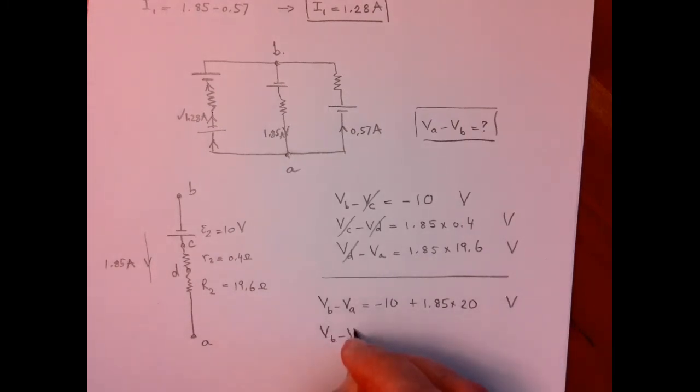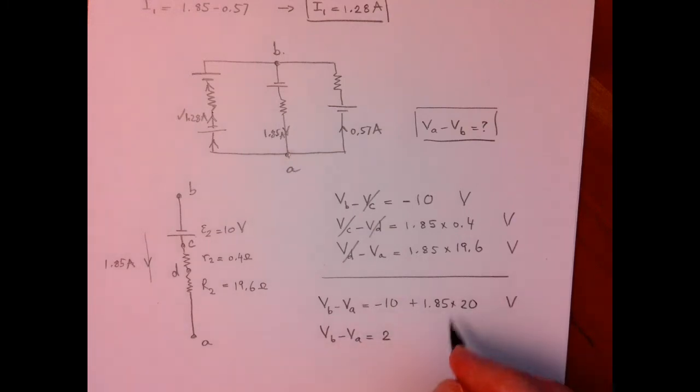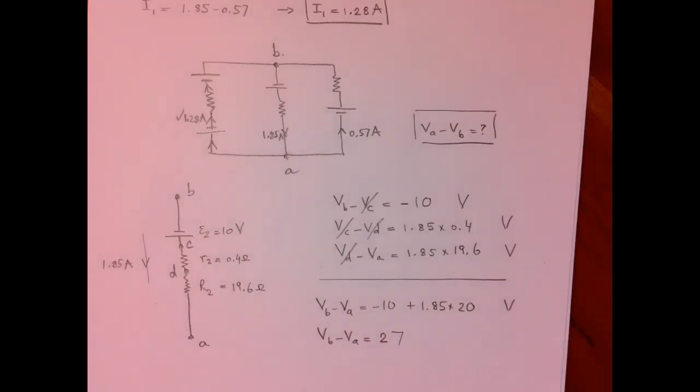So VB minus VA in this case is 27 volts.